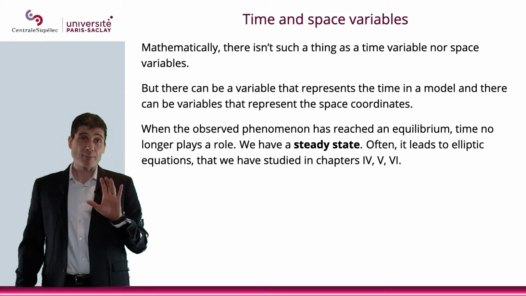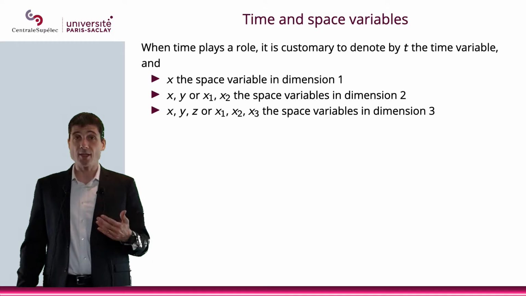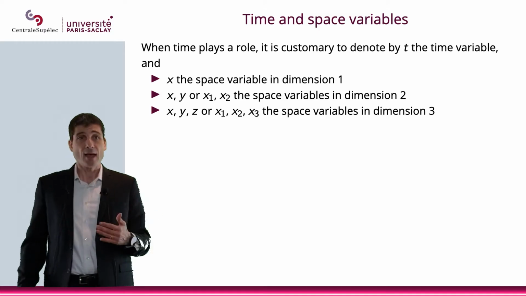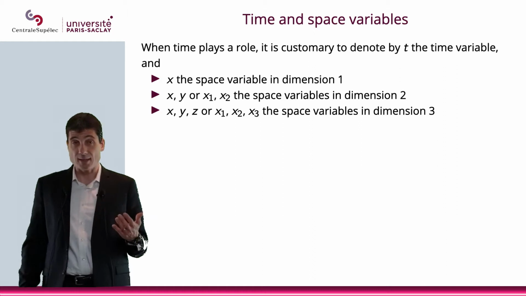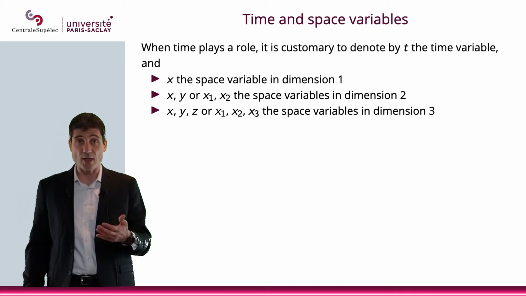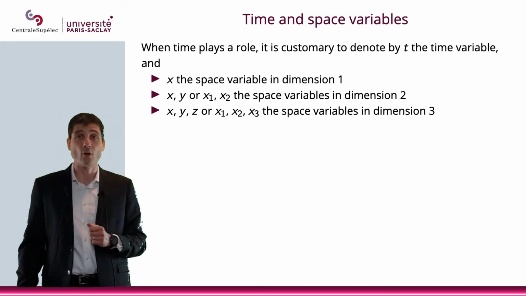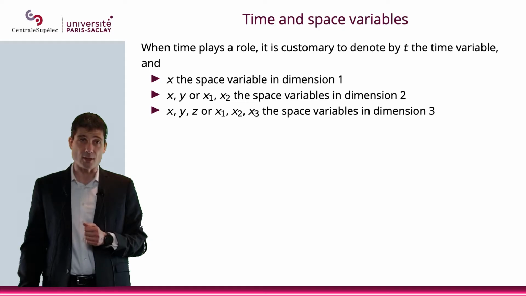All right. So when time plays a role, usually we denote it t as time. And for the space variables, we usually use the variable x, and x1, x2 if you are in dimension 2, or x1, x2, x3 in dimension 3 as we did before. We can also use x, y, z, so these are standard notations.